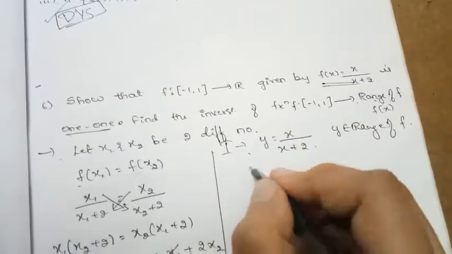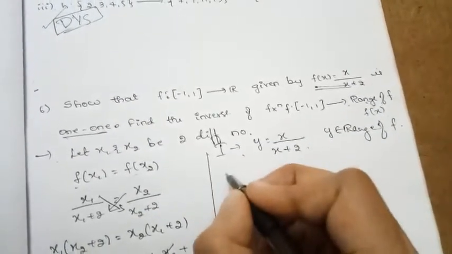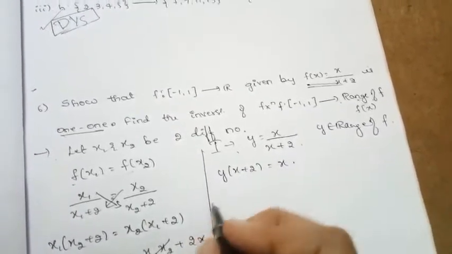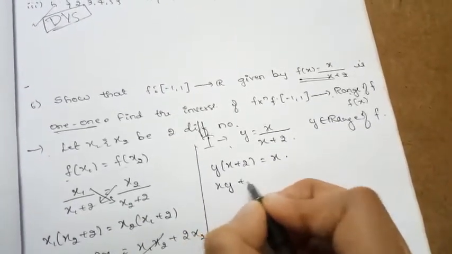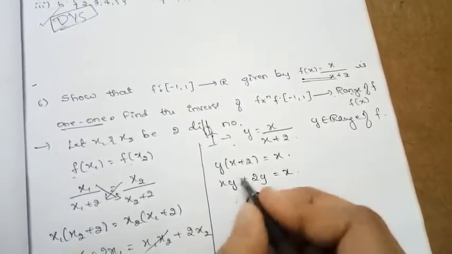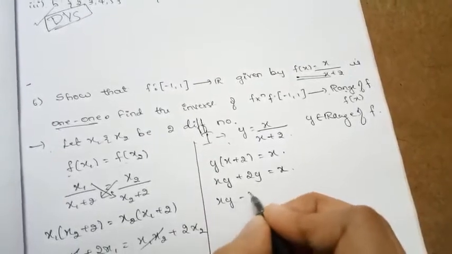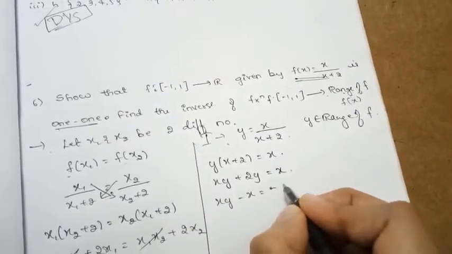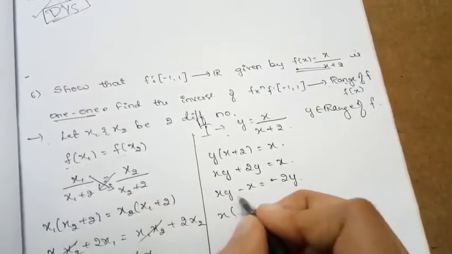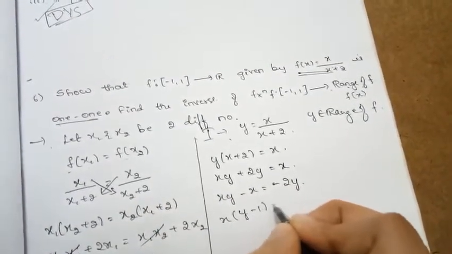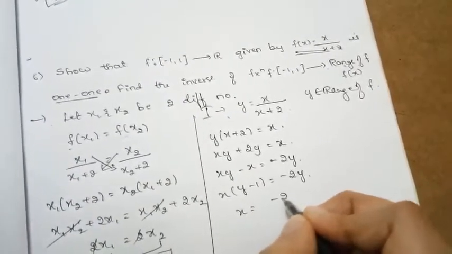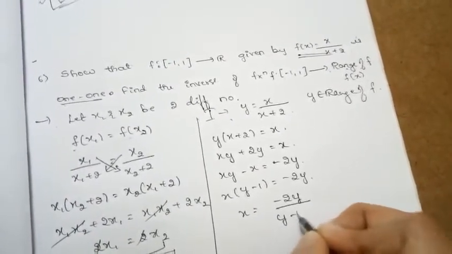Our first agenda is to express x in terms of y, that is y into x plus 2 is equal to x, that is nothing but xy plus 2y is equal to x. So I am taking x to the LHS. xy minus x is equal to minus 2y. If I take x common, what happens? x into y minus 1 is equal to minus 2y. So x is equal to minus 2y divided by y minus 1.